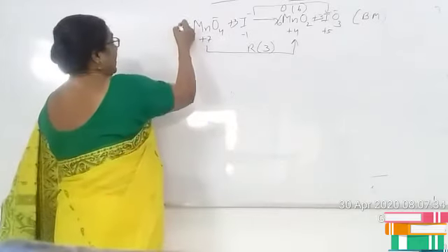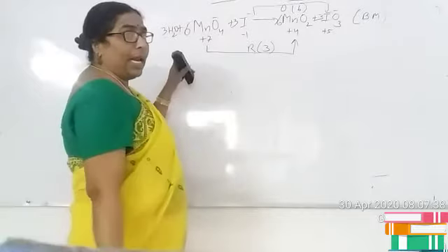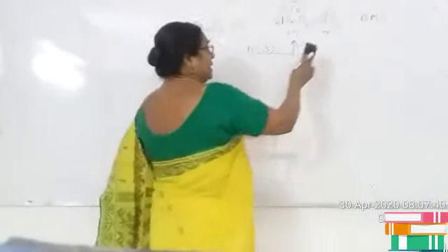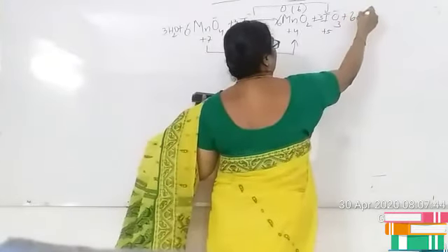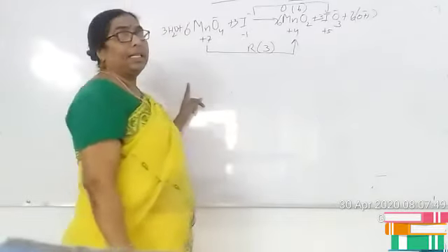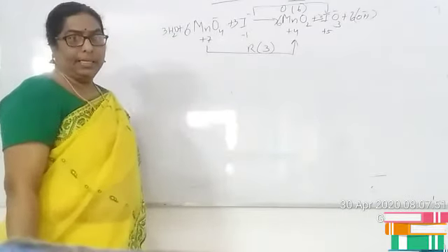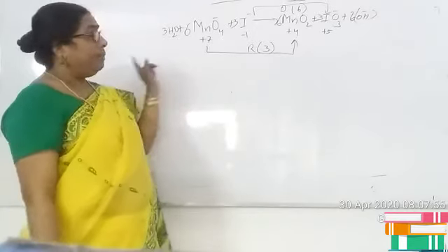So let us add 3 molecules of water on the product side. When you are adding 3 molecules of water, simultaneously you are supposed to add 6 OH minus on the product side. Is it clear, children? Now the equation is completely balanced. Is it clear how to balance the equation by the oxidation number method in basic medium?